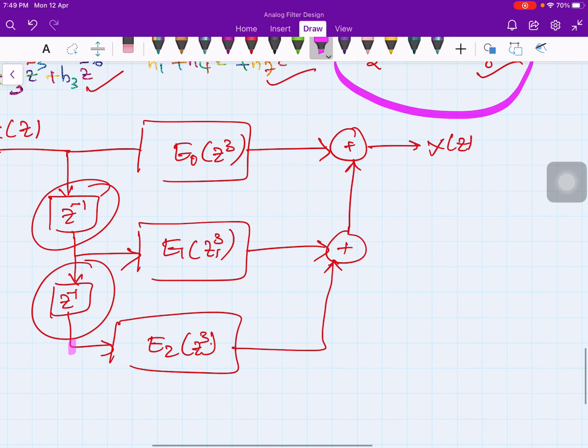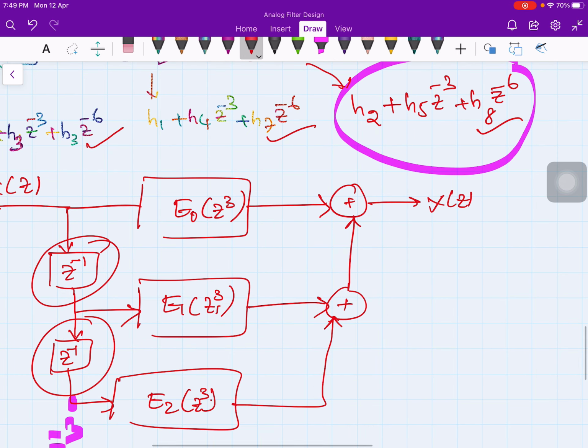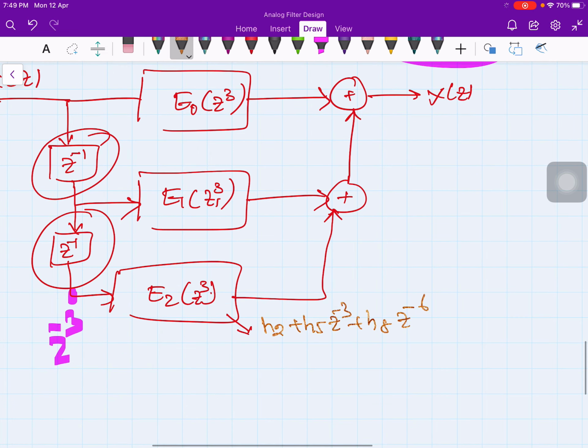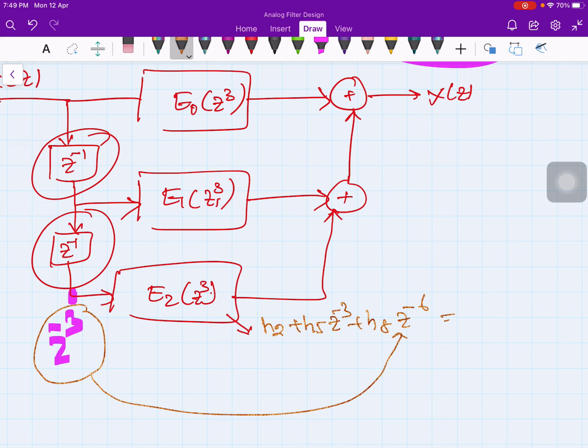So here at this point z to the minus 2, and here if you look, it has h2 plus h5 z to the minus 3 plus h8 z to the minus 6. Now this z to the minus 3 and this z to the minus 6, if you multiply, again you need z to the minus 8. So I need 8 delays. So you are not reducing the number of delays. If the delays are the same, that means you are not increasing the speed. This is in no way helping us to improve the speed.